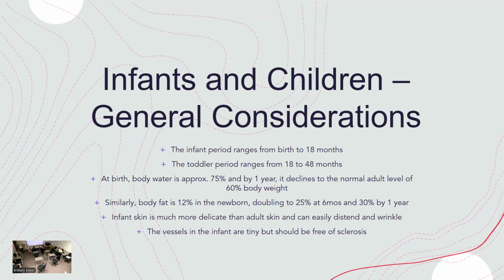So if there's more water content, you want to use a more hypertonic solution, but with the caveat that you don't want to wrinkle the skin. But you wouldn't do a dilute solution for the infant.